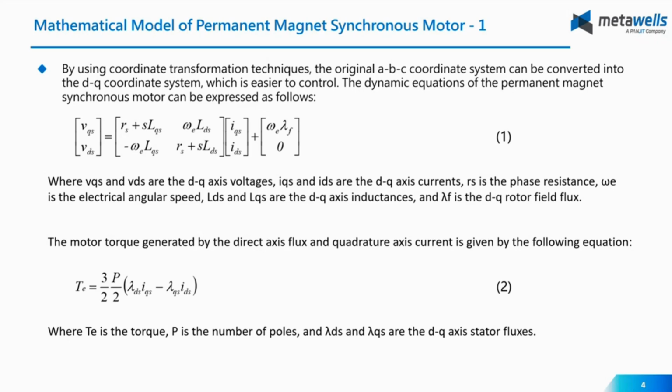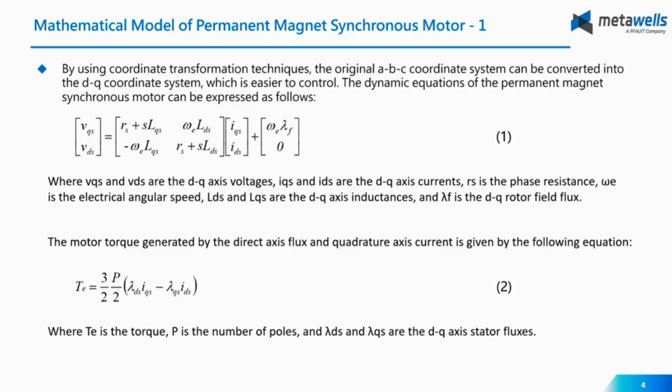Now let's focus on equation 1. Okay, in equation 1, you can see the dynamic voltage equation in the DQ frame. So on the left, Vqs and Vds are the voltages in the q-axis and d-axis.